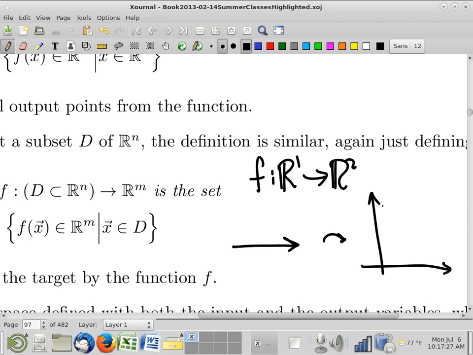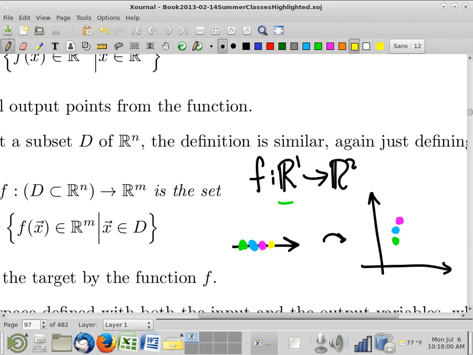Now, what does the image of this function look like? Well, let me just kind of plot some examples. This input value from R1 is going to have some sort of an output point there in R2. This input point is going to have, I don't know, this is a nearby input. Presumably, hopefully, if it's a nice function, there will be some nearby output. Nearby input, nearby output.